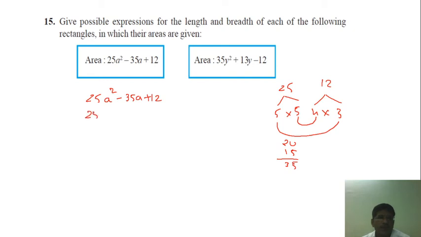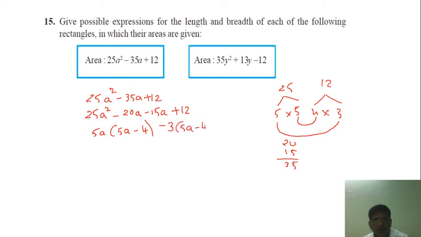So 25a square minus 20a minus 15a plus 12. 25 and 20 is a table of 5, so 5a minus 4; 15 and 12 are multiples of 3, so 5a minus 4. So 5a minus 4 and 5a minus 3 is our answer.